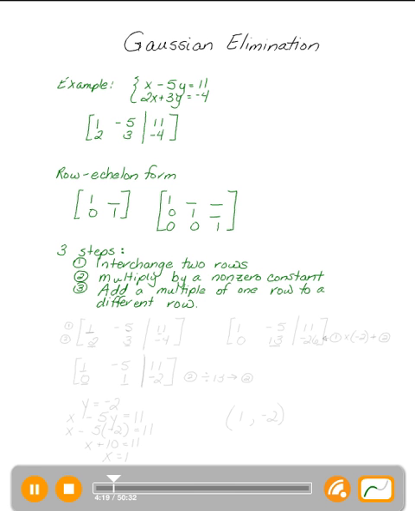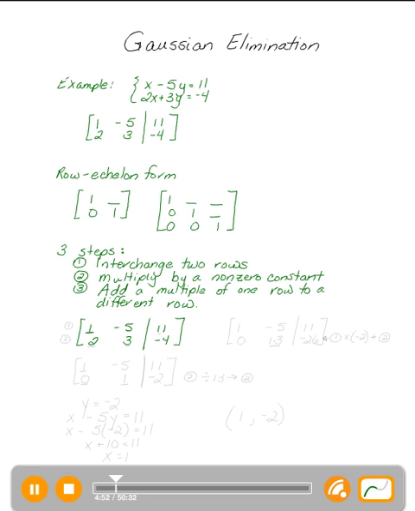Now if we take the example that I gave you above, we're going to start with this augmented matrix: 1, negative 5, 11, 2, 3, negative 4. What we can see is the first step to this process is to get a 1 in position 1,1. That means the element in row 1, column 1, we do want to be a 1 in row echelon form, as you can see above. This one is already a 1, so step 1 is done for us.